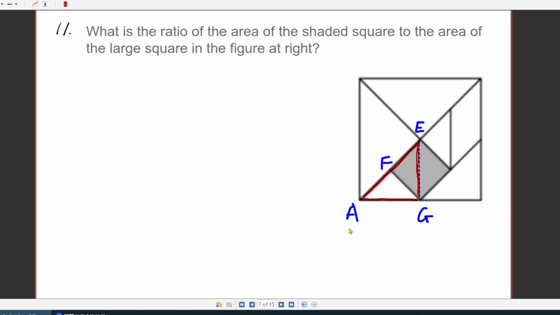The large square is made up of 8 triangles like this, which is congruent to triangle AEG. Therefore, we know the shaded area is just 1/8 of the entire square, right?